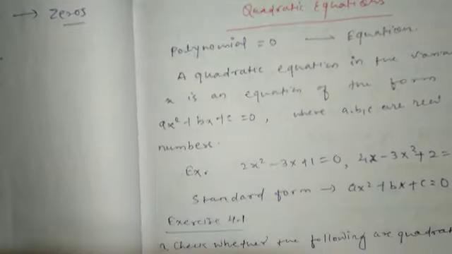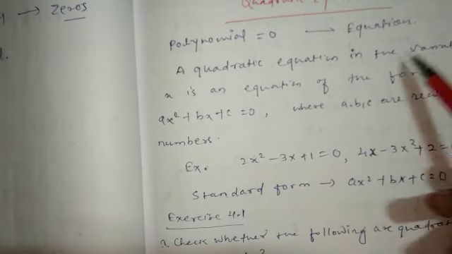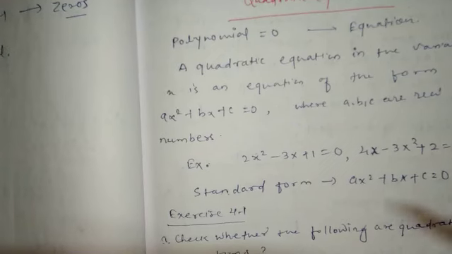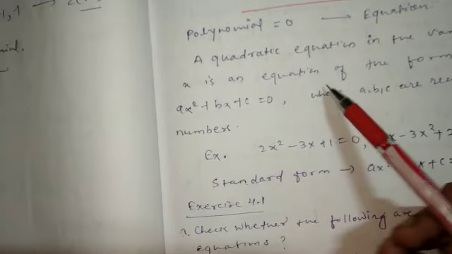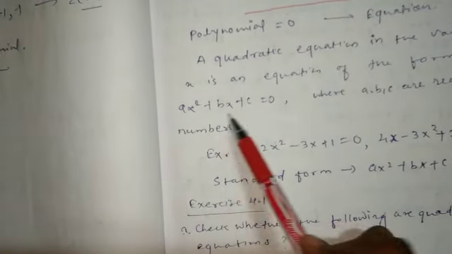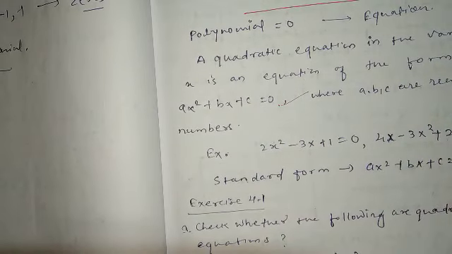A quadratic equation in the variable x is an equation of the form ax square plus bx plus c. That means an equation of this type, ax square plus bx plus c, is known as the quadratic equation.